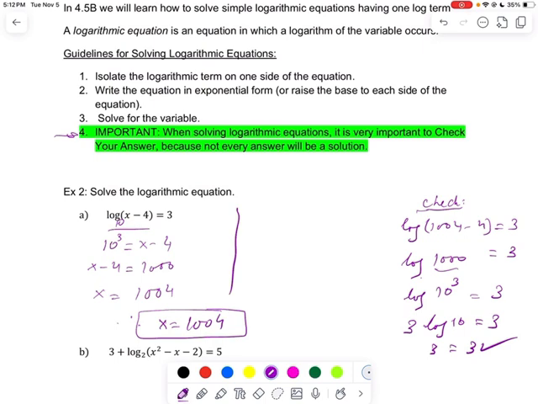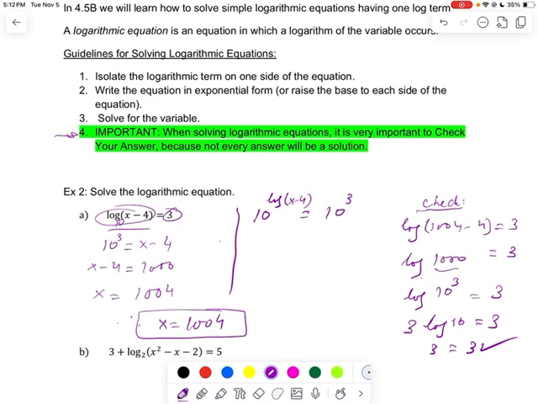Now another way to do it, which sometimes students do, is that we raise this equation to the power of 10. So 10 on this side and 10 on this side. Since this thing is equal to this thing, if I am raising 10 to the power log of x minus 4, it will be the same as if I raised 10 to the third power.